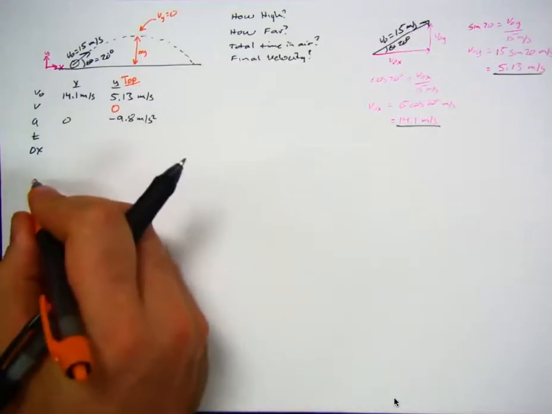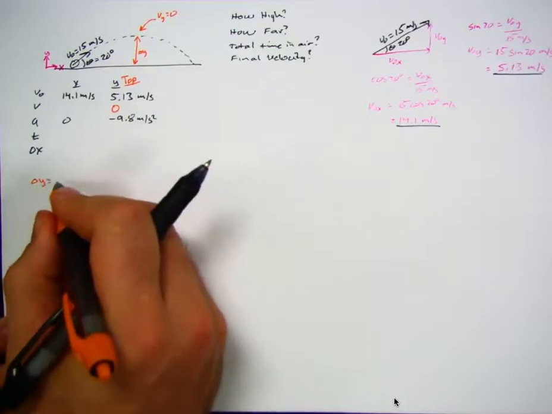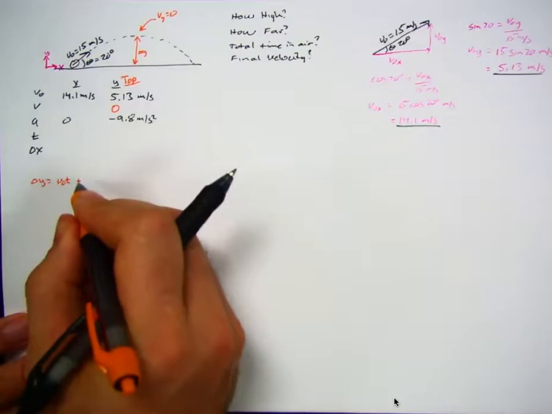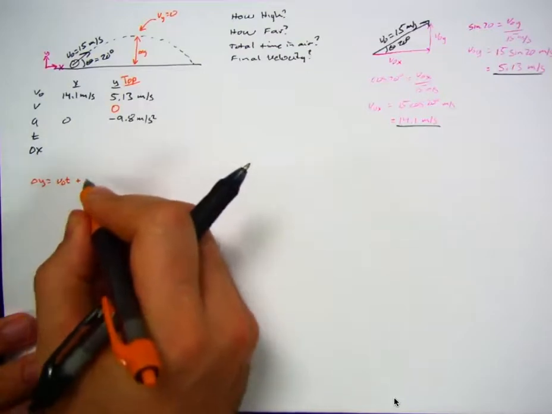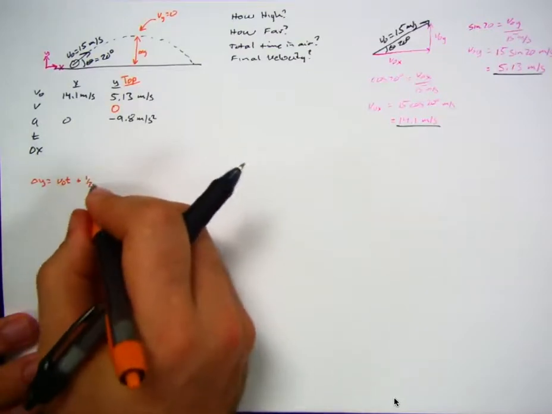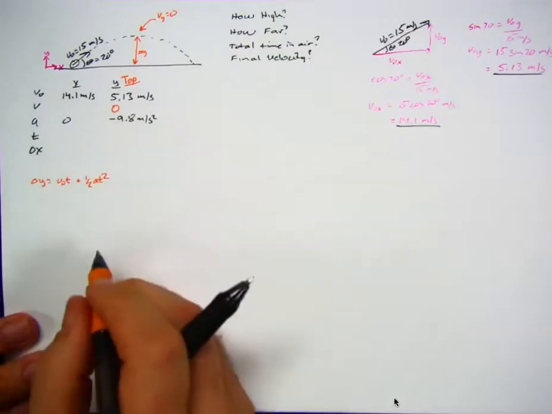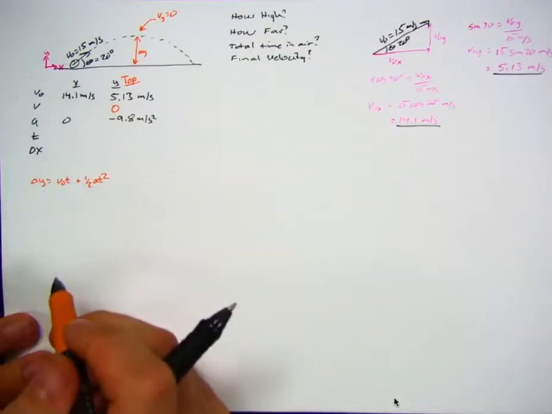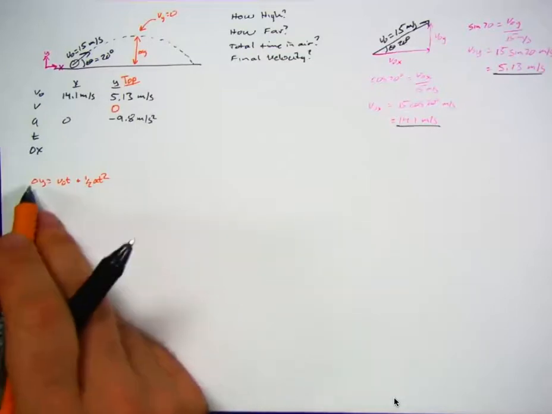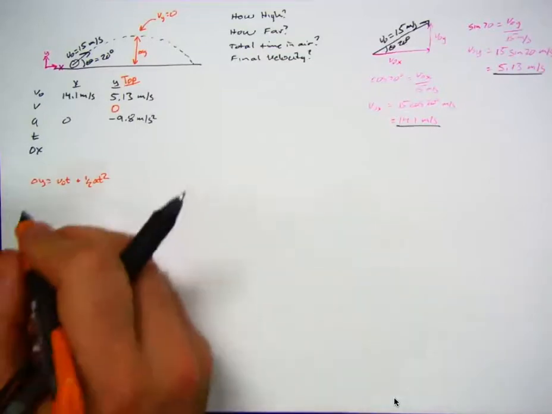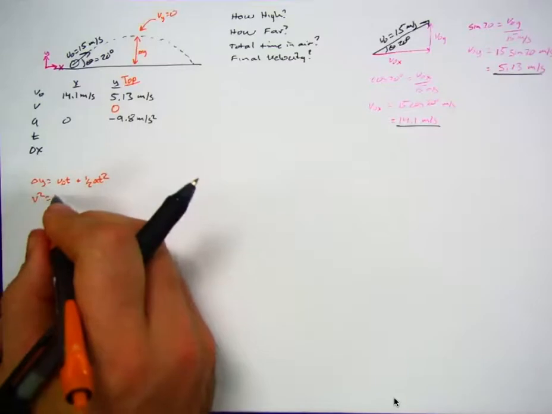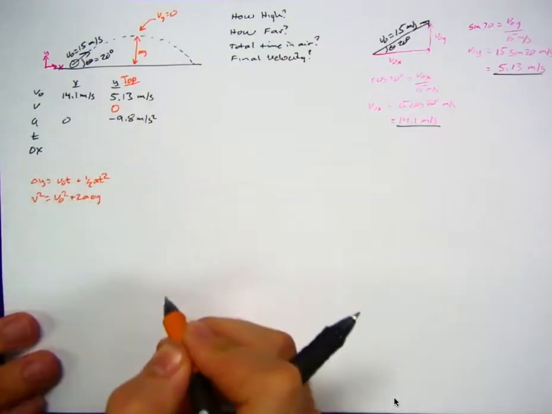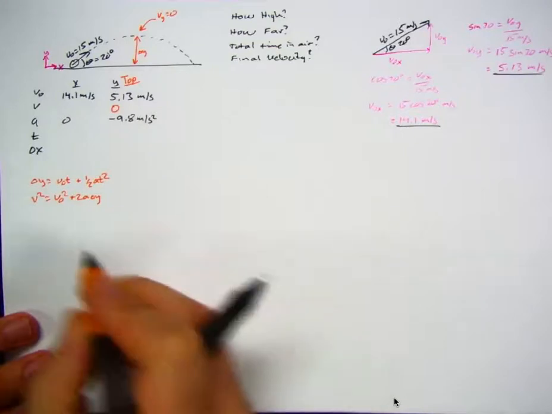Delta y equals v0t plus 1/2 at squared. Actually, notice I don't know t, so that's going to solve for t, and delta y I don't know, so I can't actually use that equation. Let's use v squared equals v0 squared plus 2a delta y. That will actually give me my delta y, and I know everything else.